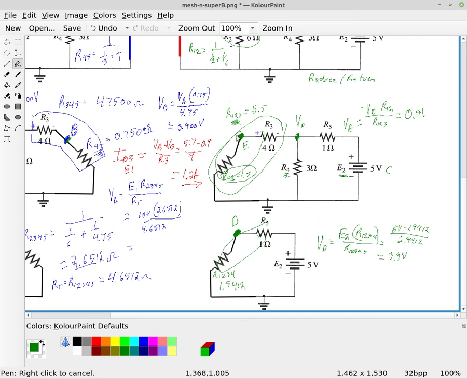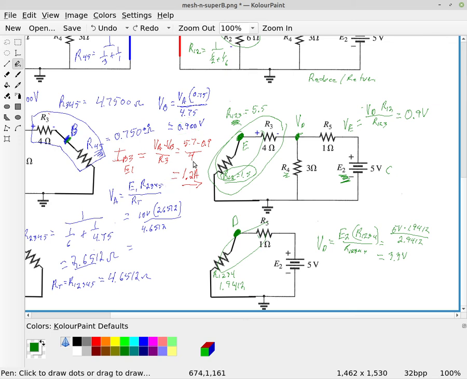Now remember, these voltages here are only due to the 5 volt source. It's just a coincidence that that matched the 0.9 volts over here due to the 10 volt.